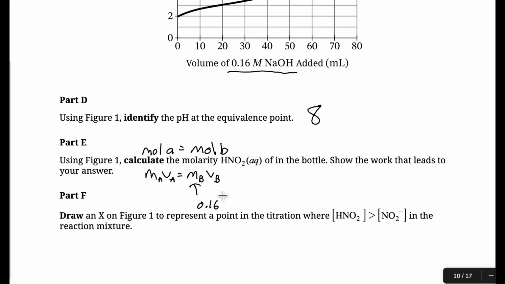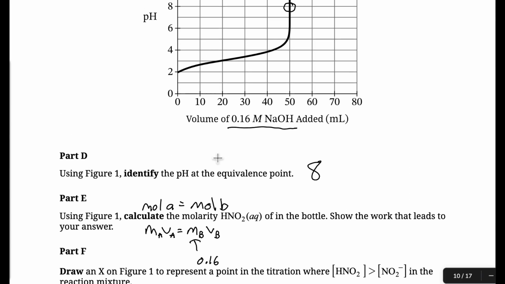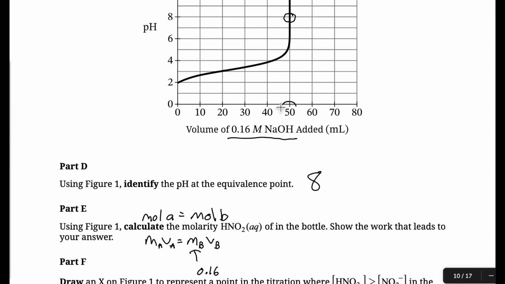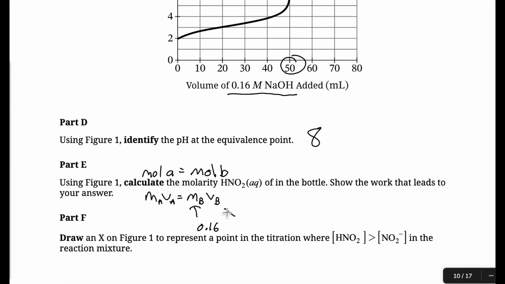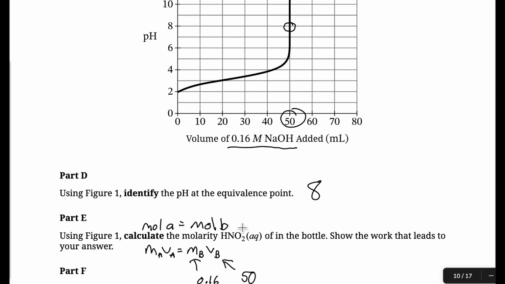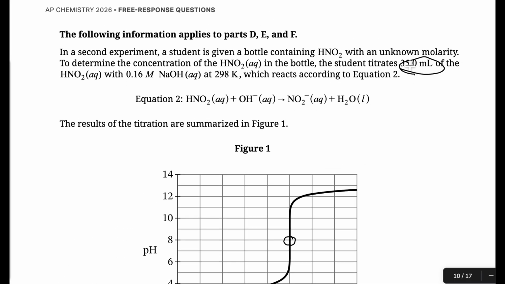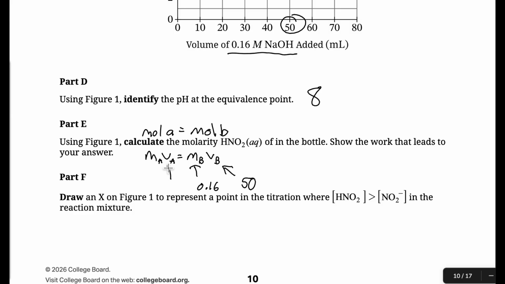We also have the volume of the base added at equivalence point. So at equivalence point, we added about 50 milliliters. And then it also told us the volume of our acid that we have, about 35 milliliters. So now we have all we need to solve for MA in our calculator. With 2 sig figs, I get the molarity of the acid to be about 0.23 molar.